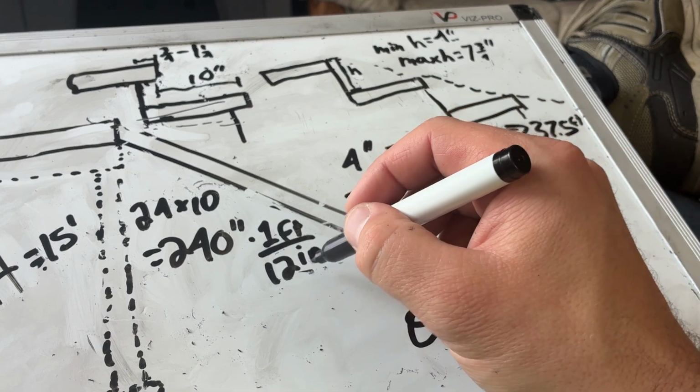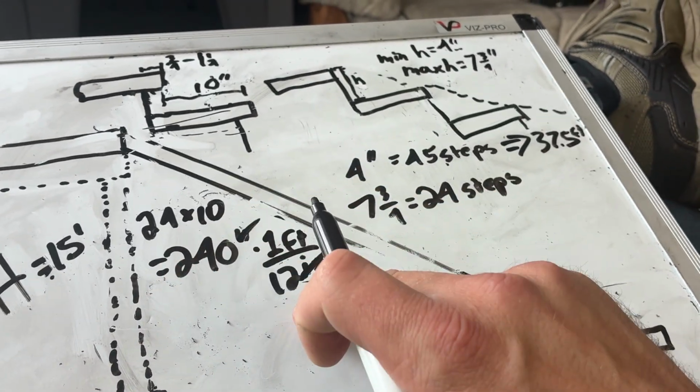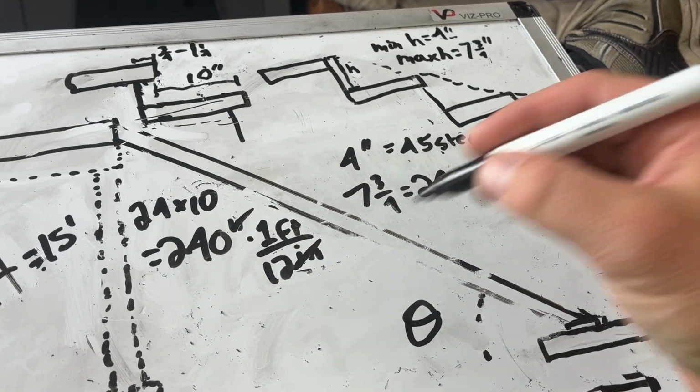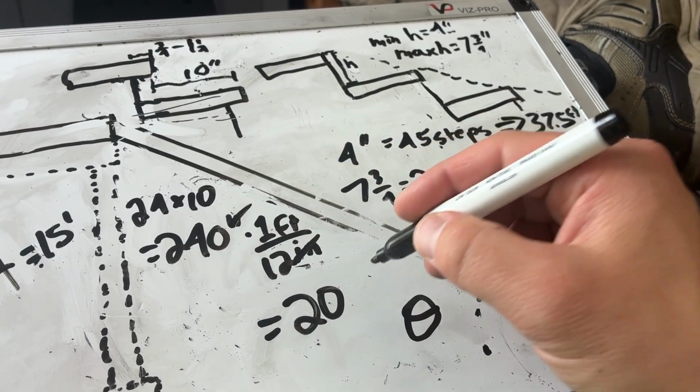And then this inches and this inches cancel, and we end up with 240 divided by 12, which is 20. So that gives us 20 foot.